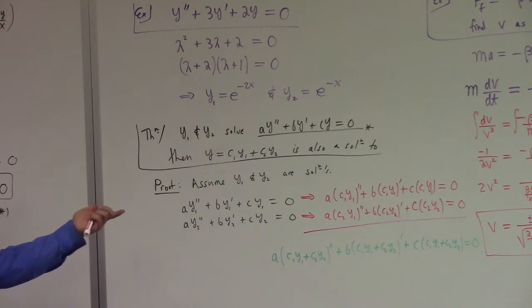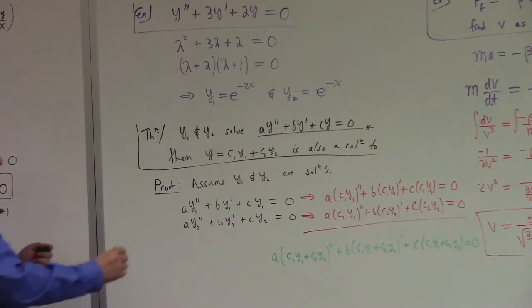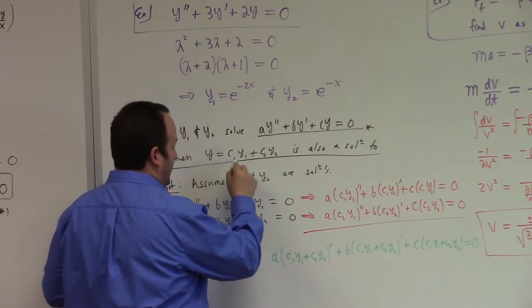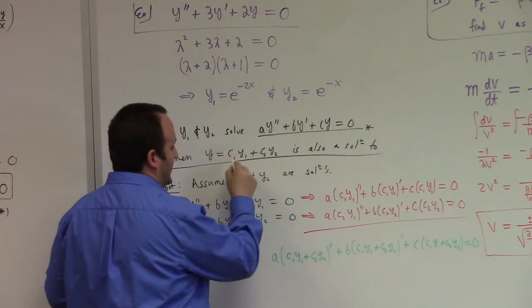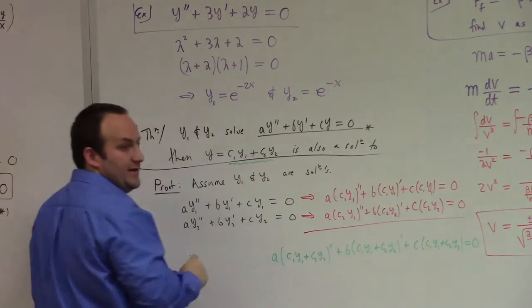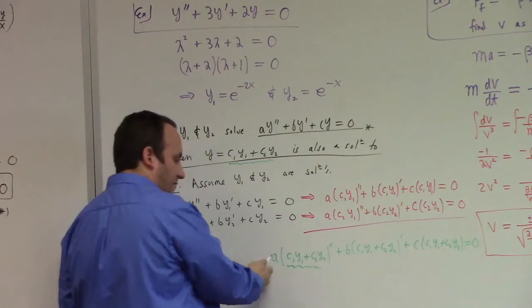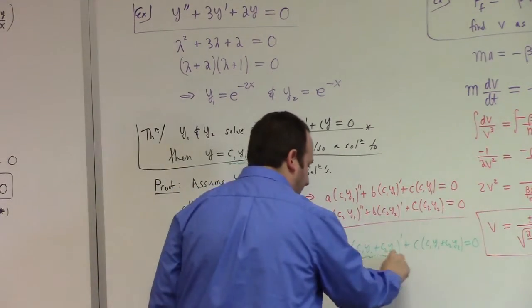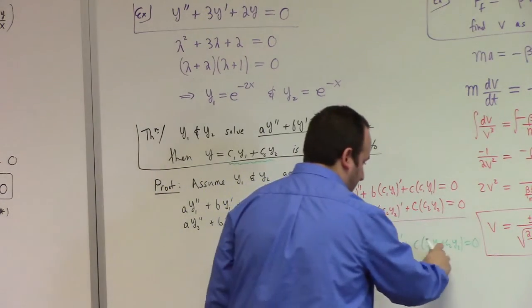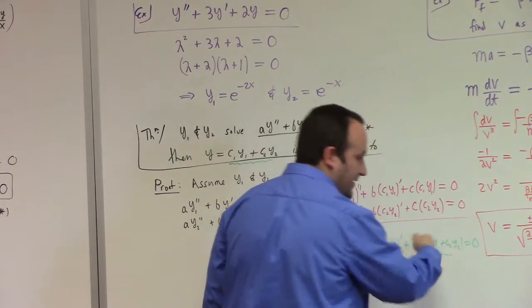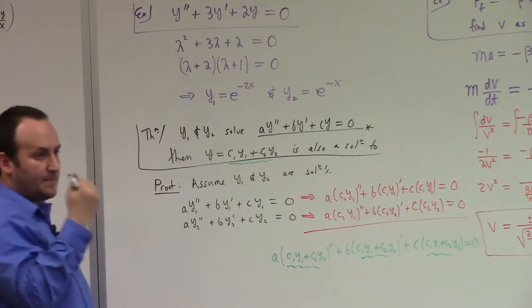But what is that? That is exactly what you need to prove. I'm trying to prove that this linear combination c1y1 plus c2y2 is a solution. I take the second derivative of it, multiply by a, take the first derivative, multiply by b, take itself and multiply by c, add them together, and you get 0. That's what it takes for it to be a solution.